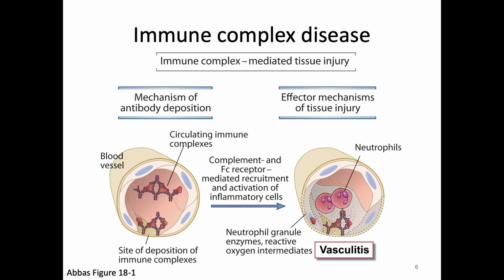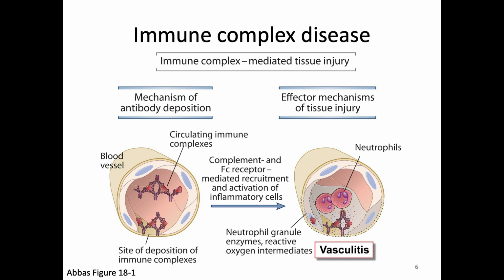Just like with some of the others, you remember with type 2 hypersensitivity, I gave you the classic example that every immunologist thinks of when they think of that type. Or when we talked about immune privilege, I said the example every immunologist knows is sympathetic ophthalmia. There's the one example everybody knows.